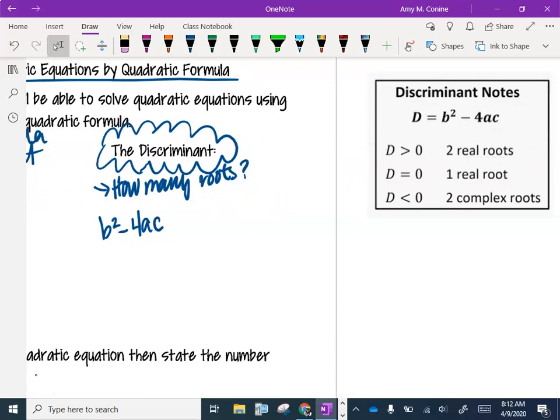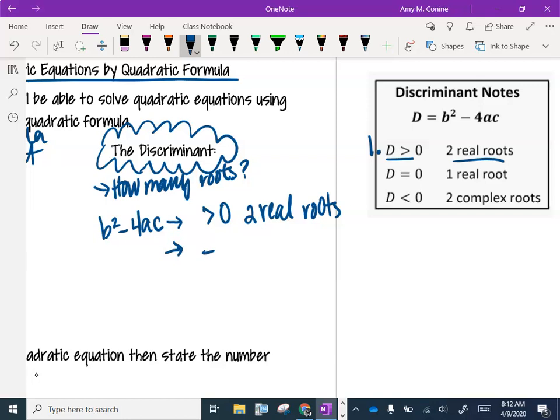When this is greater than 0, you're going to have 2 real roots. That's what this first one says. When your discriminant is greater than 0, you're going to have 2 real roots.